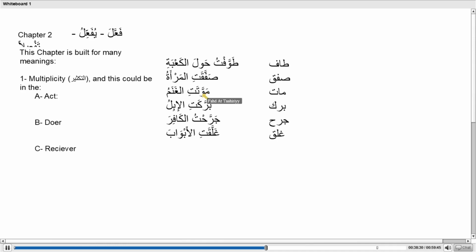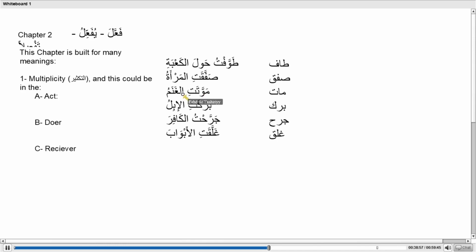You don't say that, but if there are a lot of sheep that have died, that means the death happened many times. So we say that is the death from the aspect of who did it. But the death itself only happened once. It cannot happen many times, the death itself.